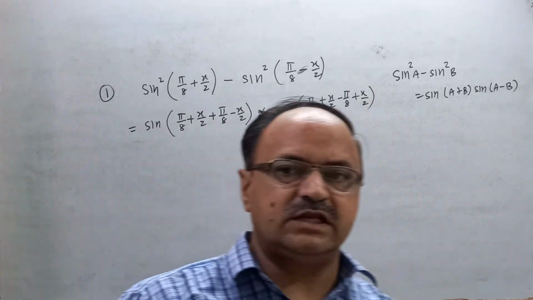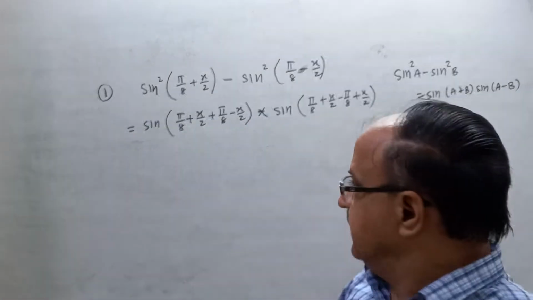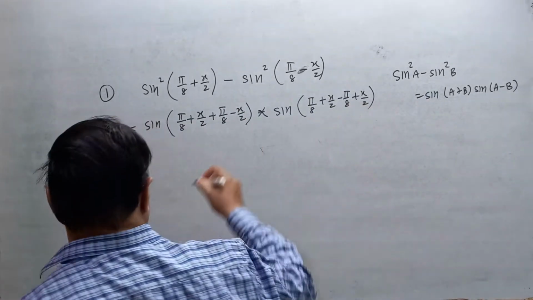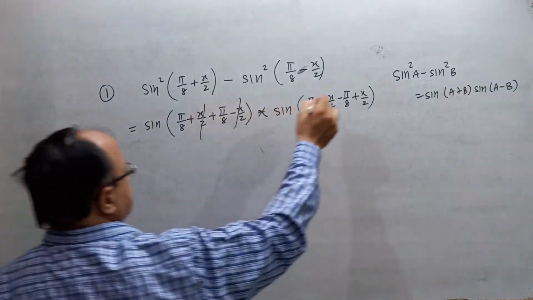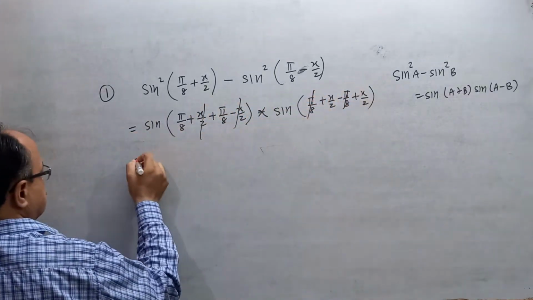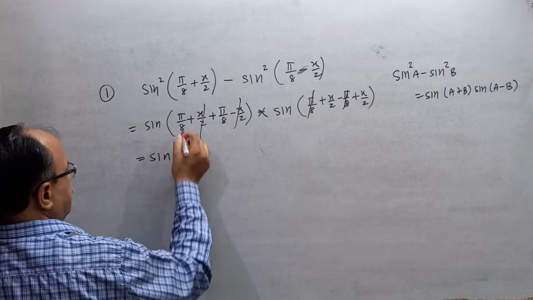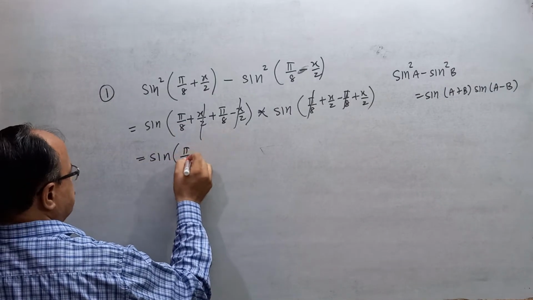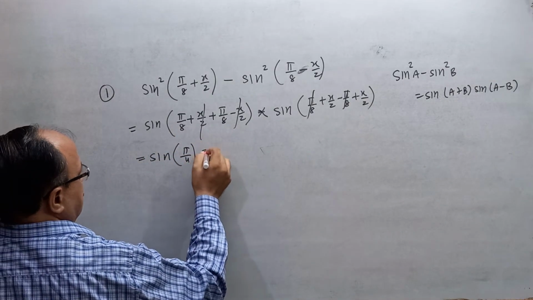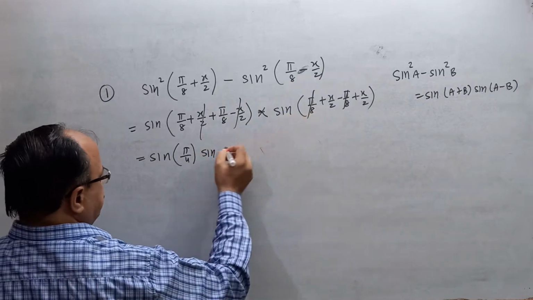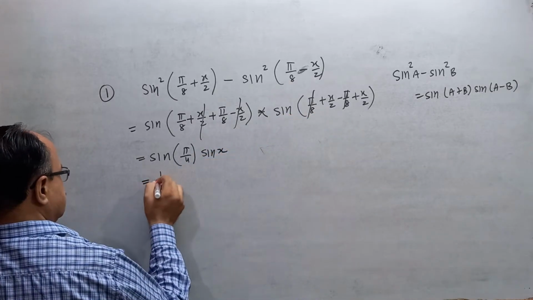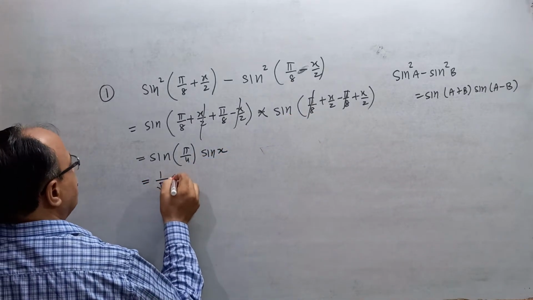Apply the formula sine (A plus B) sine (A minus B). And these terms cancel. You know that pi by 8 plus pi by 8 is pi by 4, and x by 2 plus x by 2 is x. And sine 45, you know, is 1 by root 2.